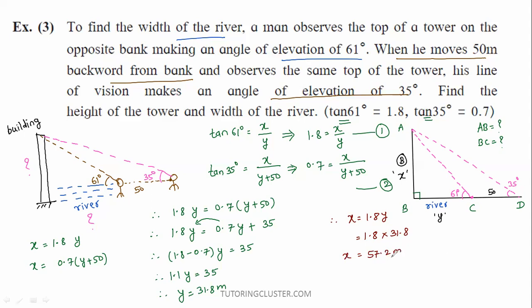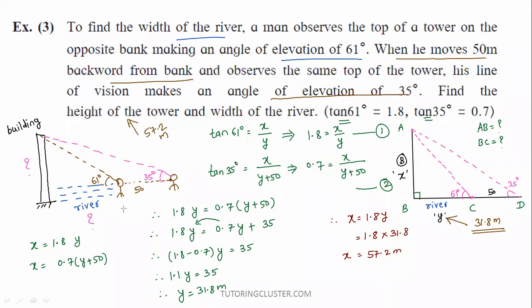So what are your answers? The width of the river is approximately 31.8 meters, and the height of the tower is 57.2 meters. These are your answers.